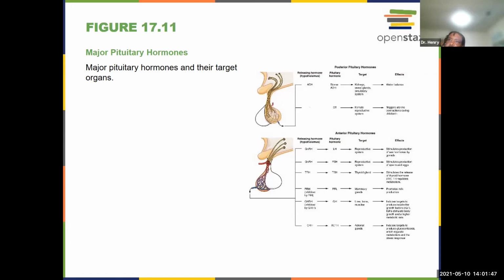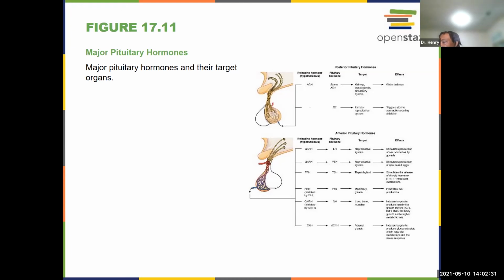Okay. So these are some of the major pituitary hormones and their target organs, and then these are the hormones that are responsible for releasing them, right? So for instance, in the hypothalamus, we have the ADH, the anti-diuretic hormone, and so the pituitary basically is going to store some of those hormones, and the targets of that are going to be the kidneys, the sweat glands, and circulatory systems.